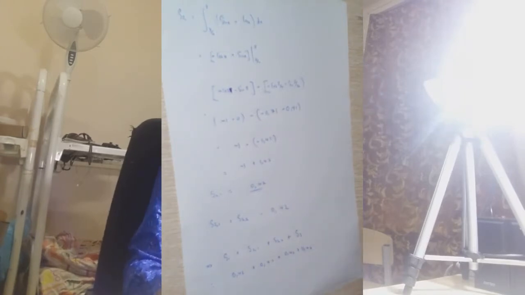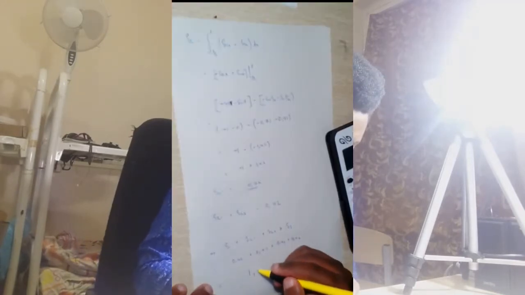I'm going to use my calculator again; this is the same as 0.42 multiplied by 4, and this gives me 1.68.